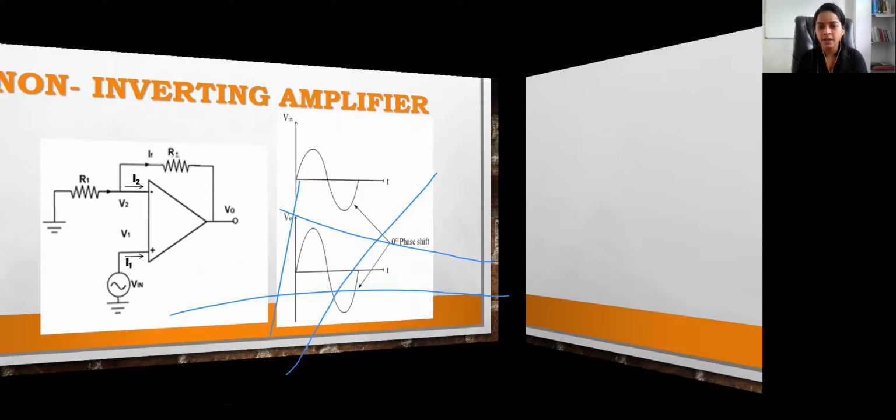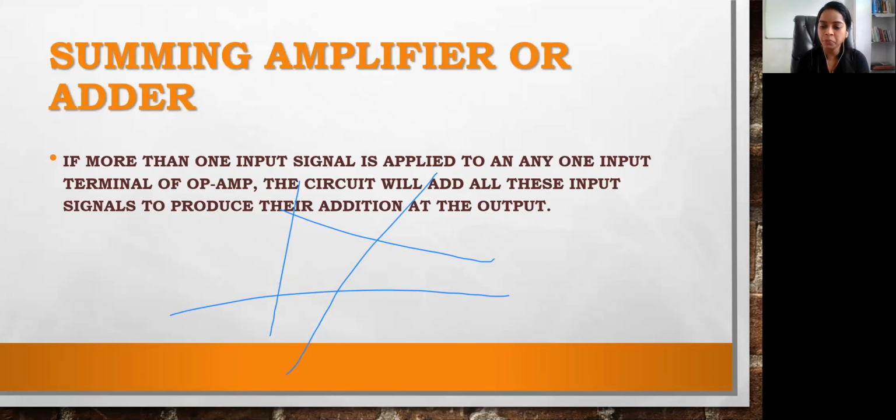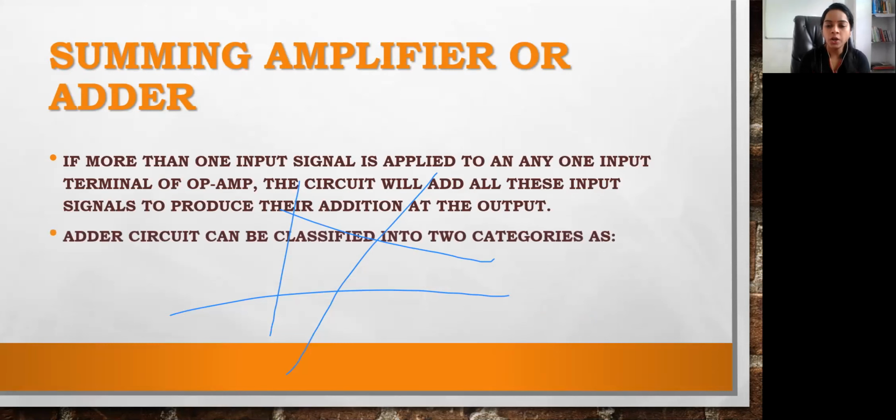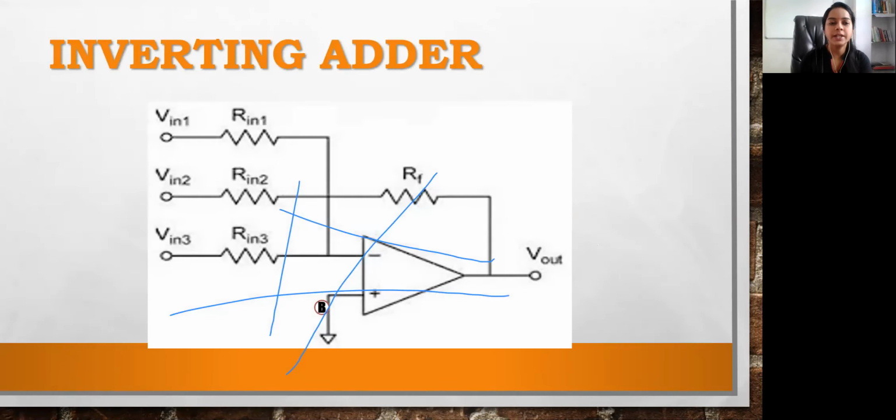We can design the adder circuit of operational amplifiers in two modes, in inverting mode and in non-inverting mode. We will see them one by one. First is the inverting adder, that is, the operational amplifier in inverting mode, used as an adder. For adding the voltages, we have this type of circuit.